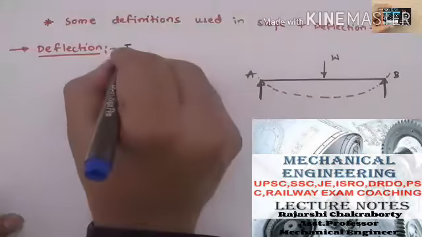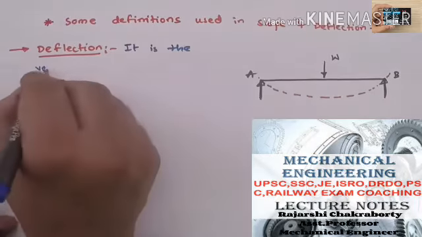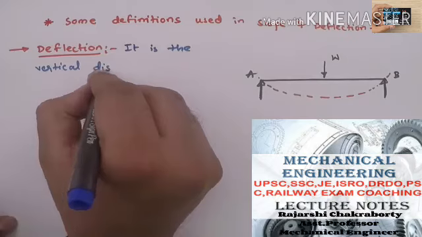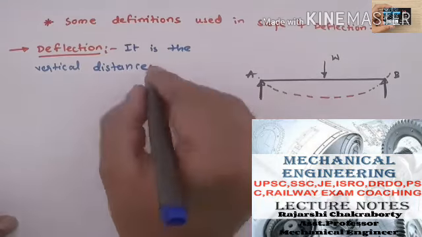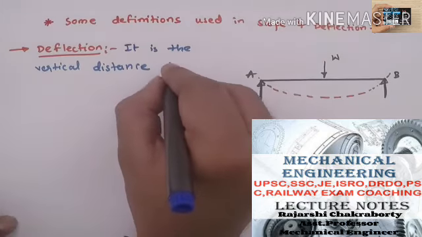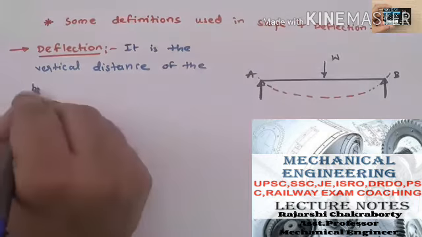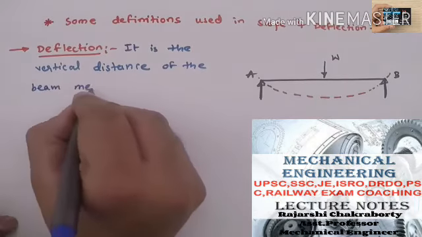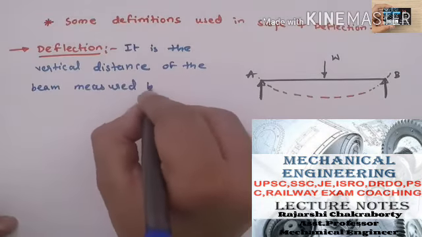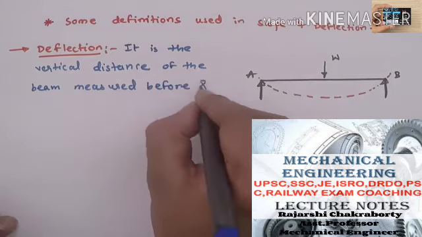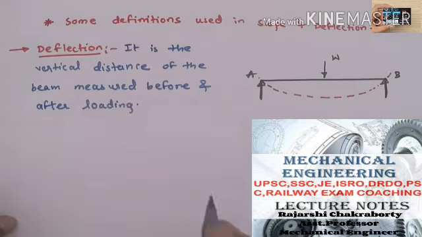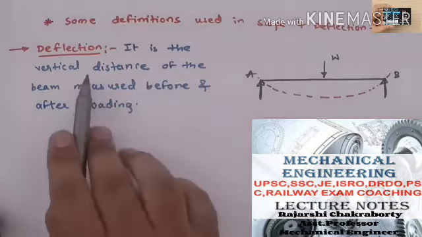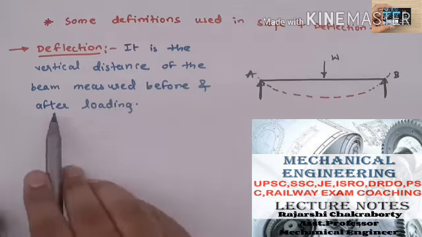I'll say that it is the vertical distance of the beam measured before and after loading. So here I have written the definition of deflection, that it is the vertical distance of the beam measured before and after loading.